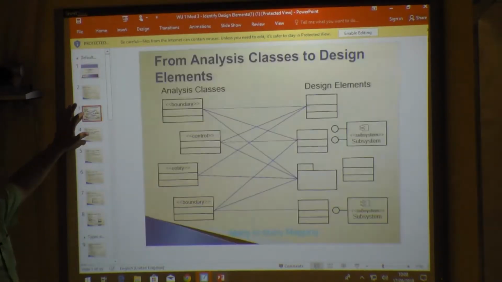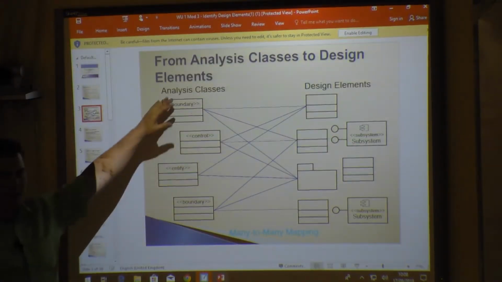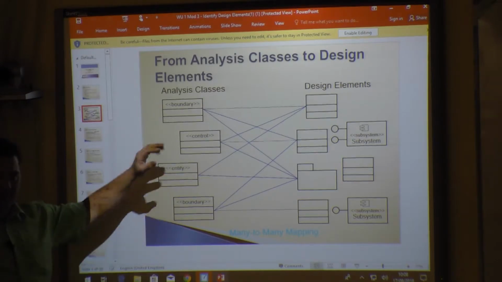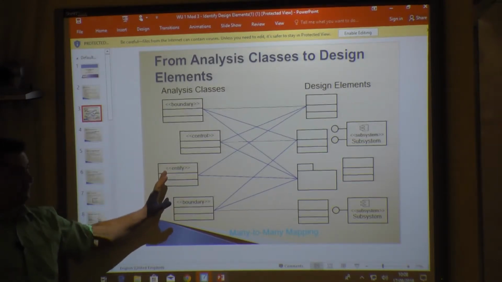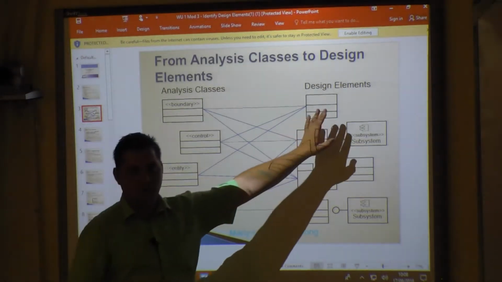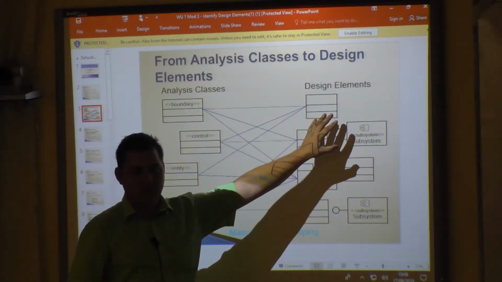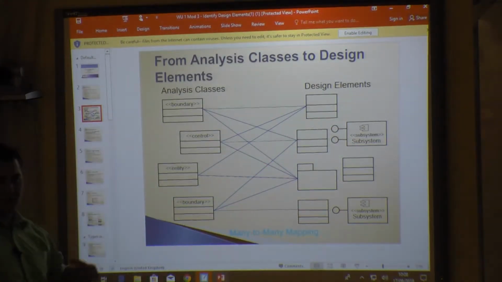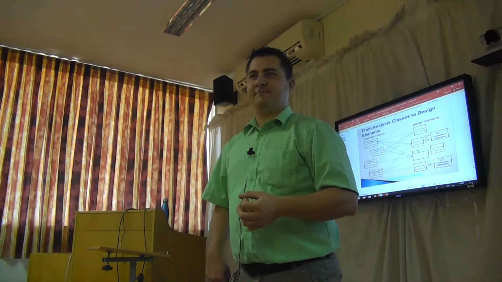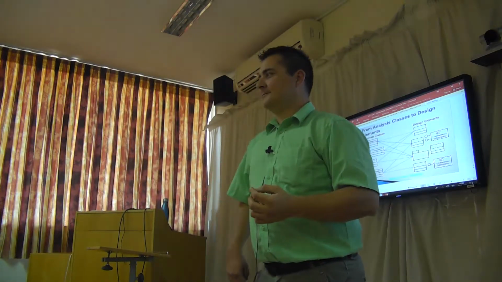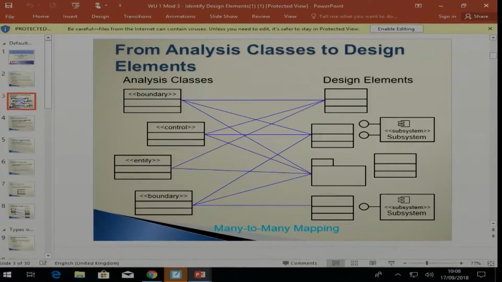As part of this, there is a mention that we're now going from our initial boundary classes and control classes and entities and all of this to some form of design element. What is the purpose of that? How do we know how many design elements we are going to have? How do I know how many boundary classes I am going to have?